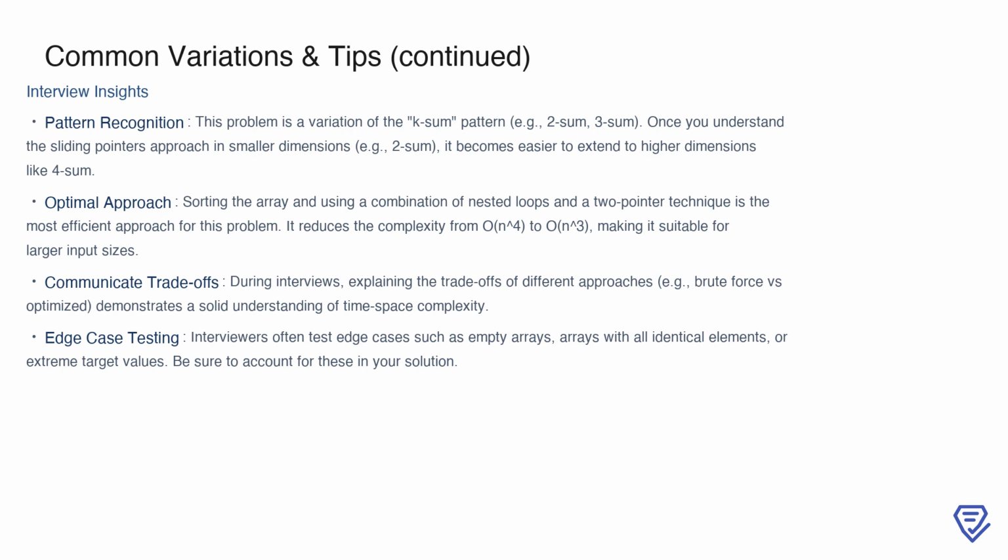Importantly, during interviews, always discuss the trade-offs between brute force and optimized approaches. This demonstrates a strong grasp of time and space complexity. Additionally, interviewers often test edge cases, such as empty arrays, arrays with all identical elements, or very large target values. Being prepared to address these scenarios will showcase the robustness of your solution.